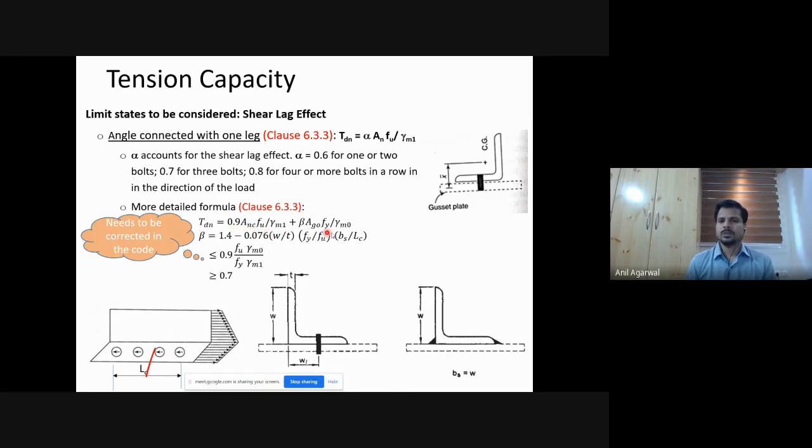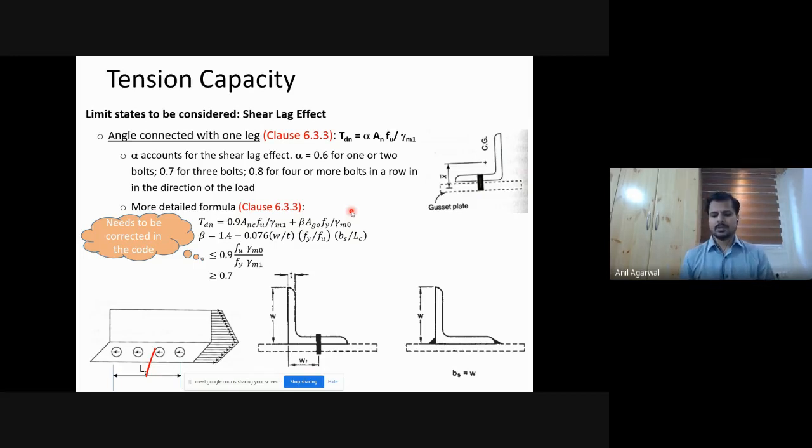Okay, so it's pretty straightforward. The only issue now is the additional factor beta, and the rationale of saying that the connected leg will rupture but the unconnected leg will yield, and that is my limit state.